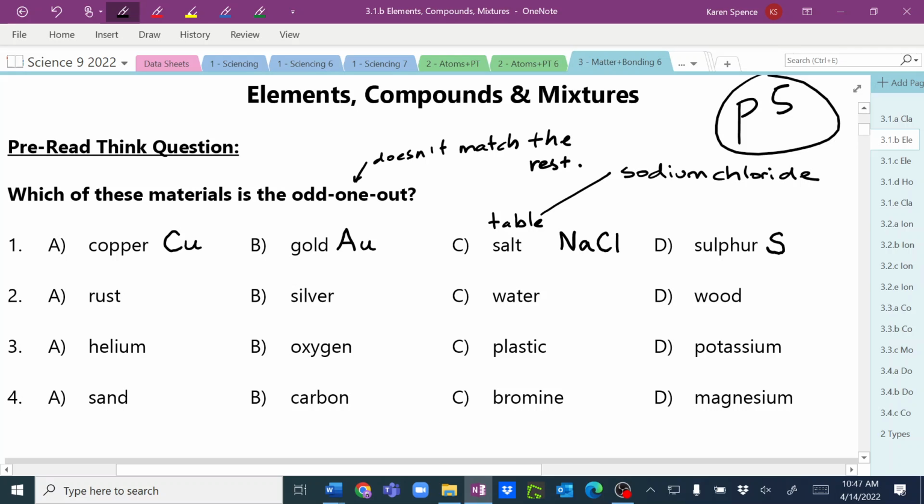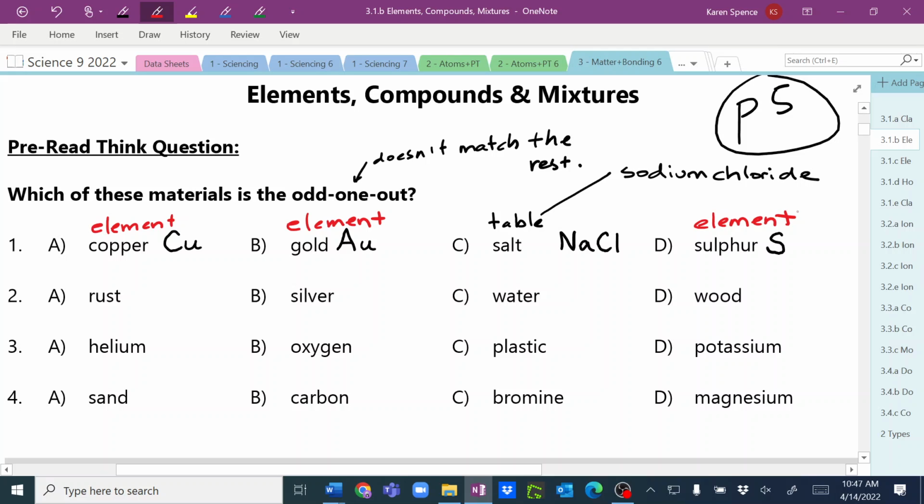So what can you say about A, B, and D? What do they all have in common? They are all elements. So we have an element, we have an element, we have an element. And what is salt?